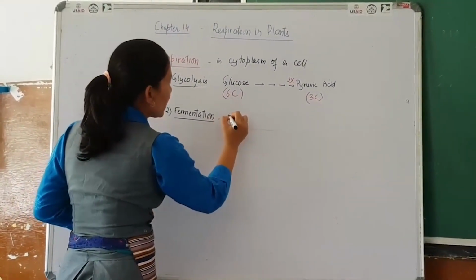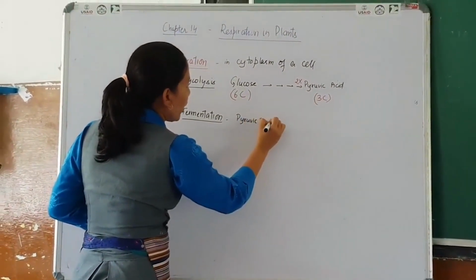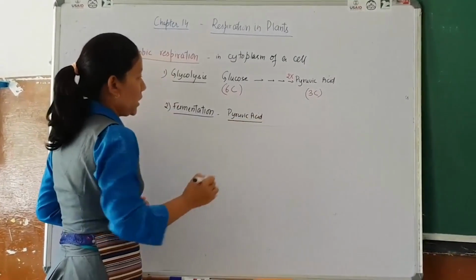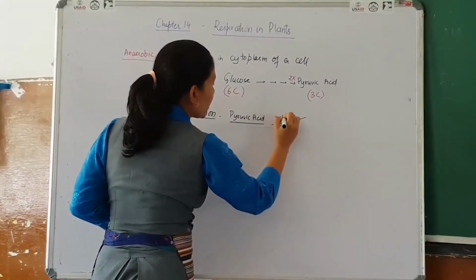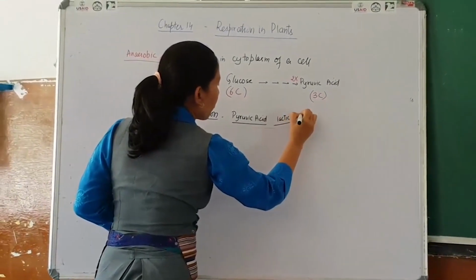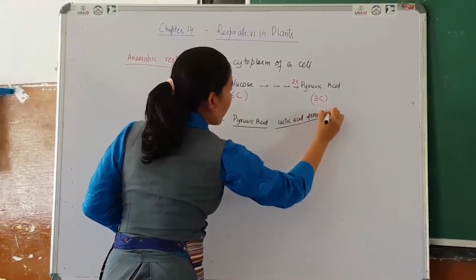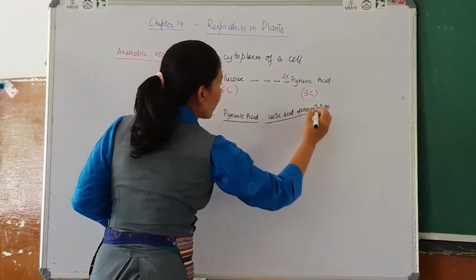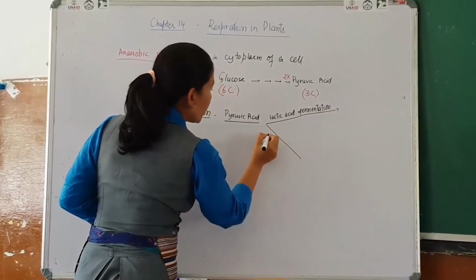In this case, pyruvic acid can either undergo lactic acid fermentation or alcohol fermentation.